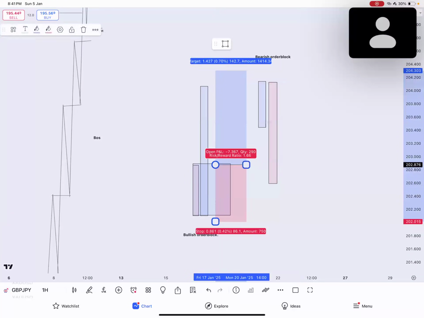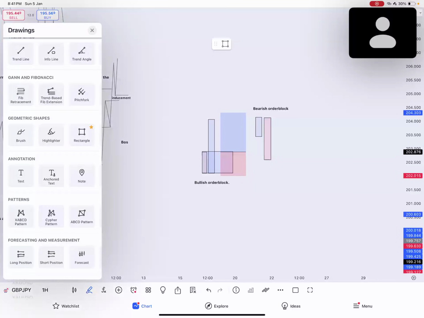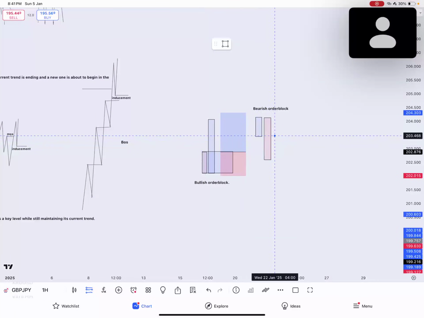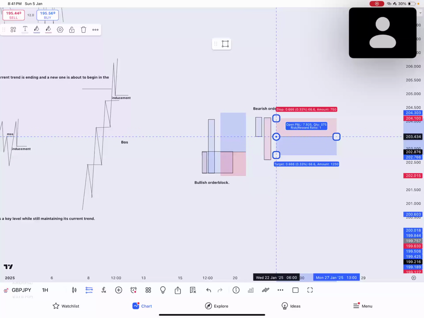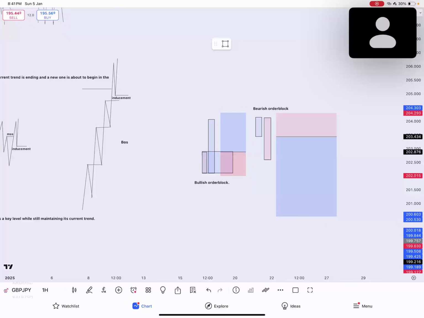So if you're taking a buy, this is how your buy will look. If you're taking a sell, your sell will also start from this demarcation right here. Then the SL will just be a few pips above the candle of the order block that you picked.